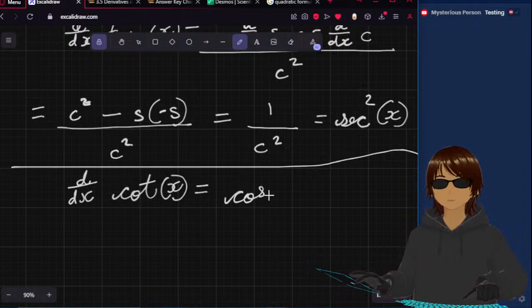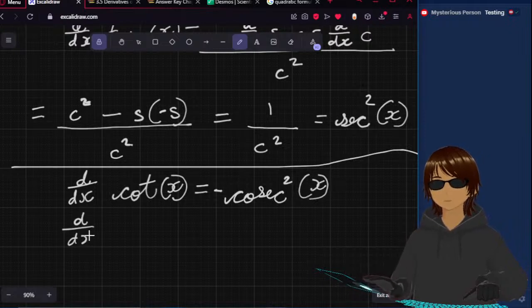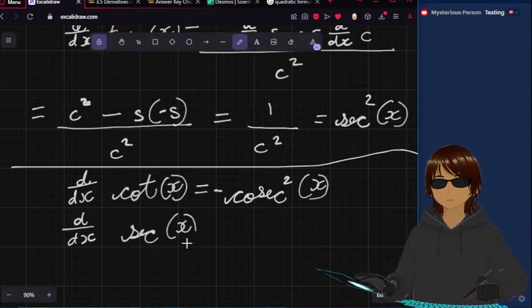Secant, cosecant squared. And then secant, secant tangent.